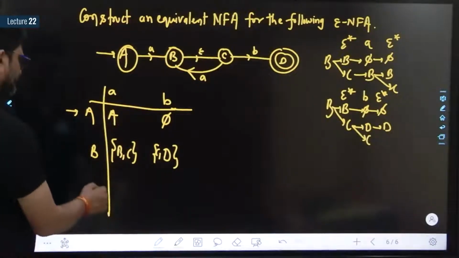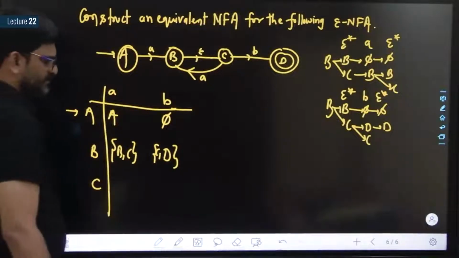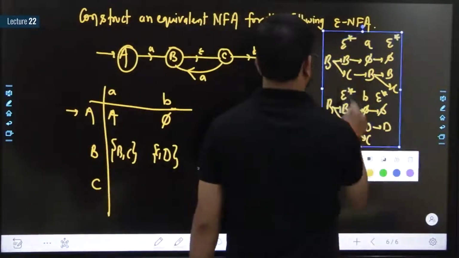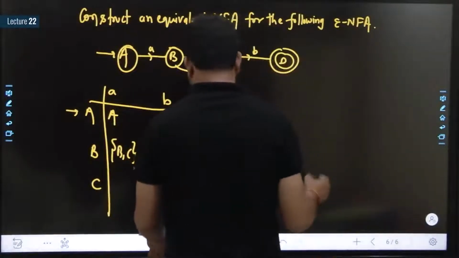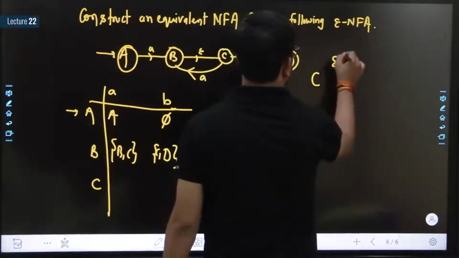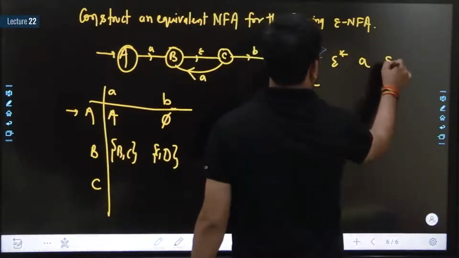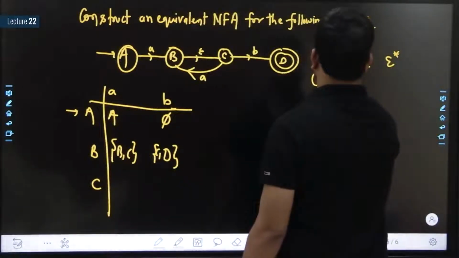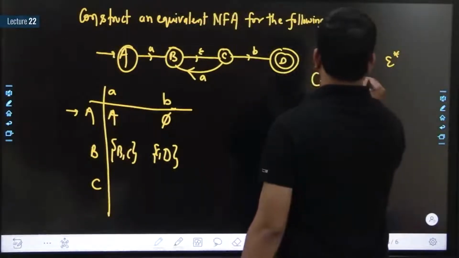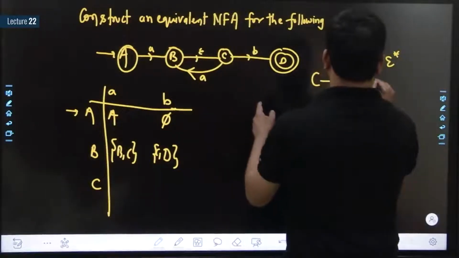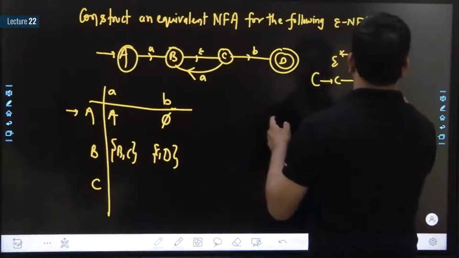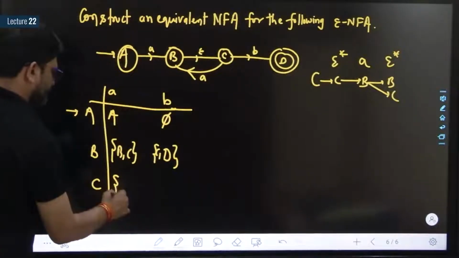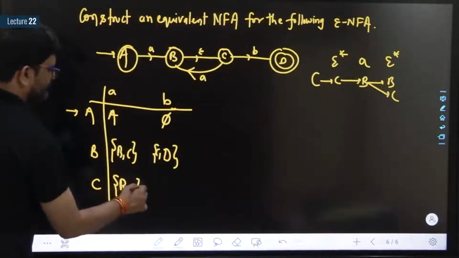Now find out the C. C, epsilon closure, A, epsilon closure. Epsilon closure of C, only C. C on A, B. Epsilon closure of B, B, C. C on A, B comma C. Clear?